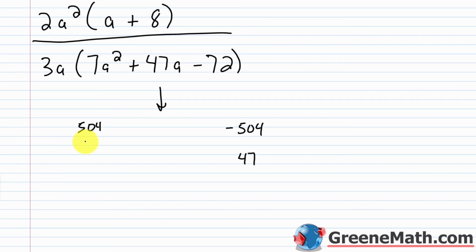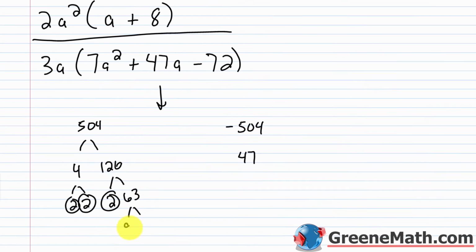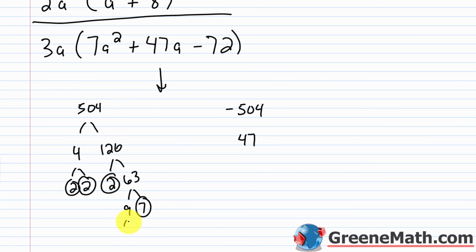So 504, I know I could start out with divisibility by 4. So I could do 4 times 126. 4 is 2 times 2. For 126, I could do 2 times 63. So 2 is prime, 63 is 9 times 7. 7 is prime, and 9 is 3 times 3. And those are prime.